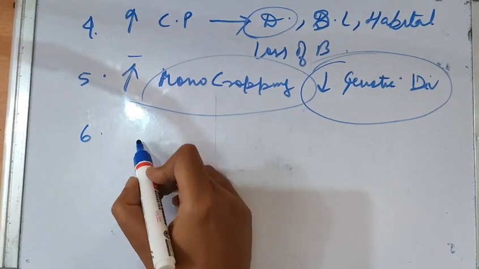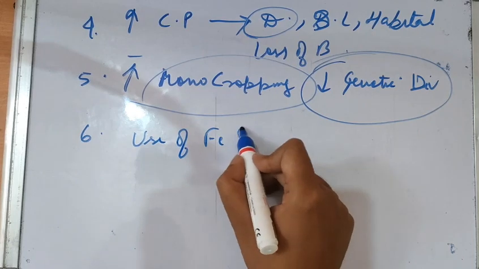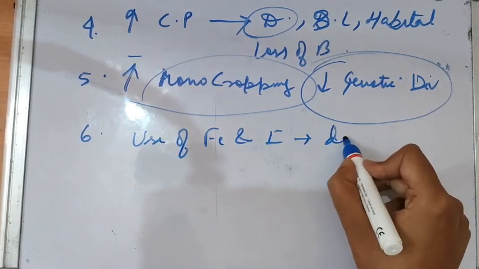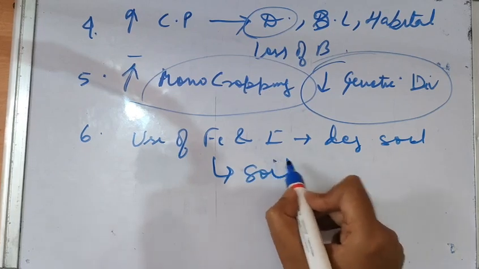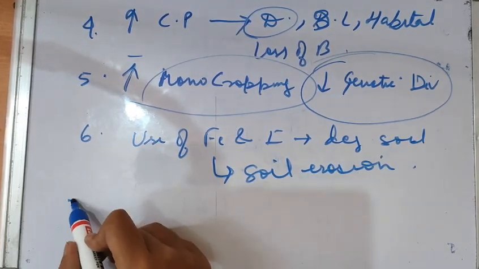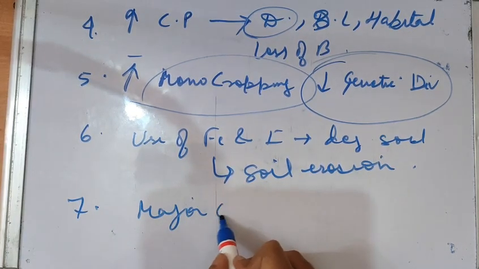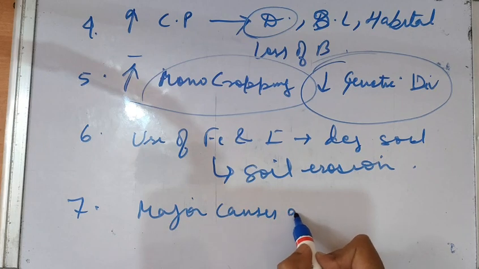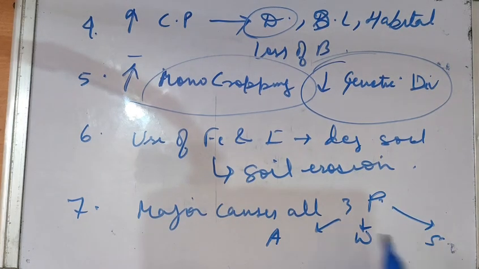Moving on, use of fertilizers and irrigation. We all know it degrades soil and leads to soil erosion. Cropping patterns are the major causes of all three pollutions, that is air, water and soil.